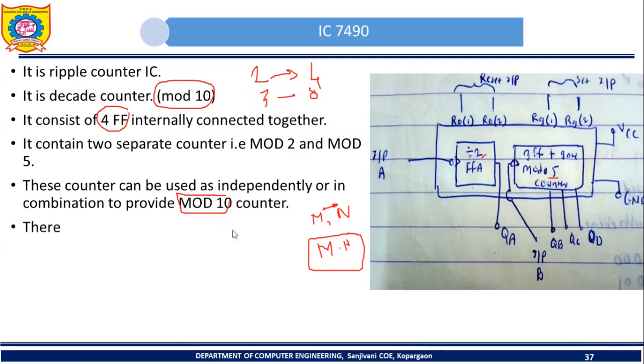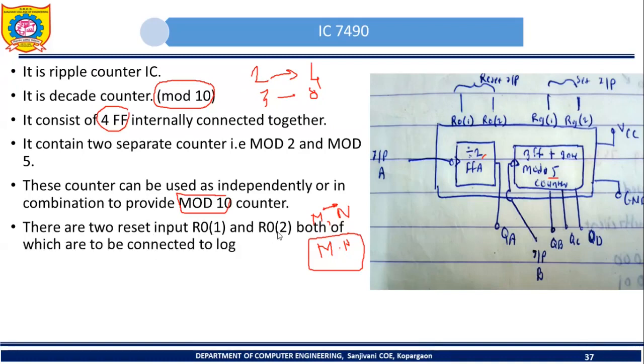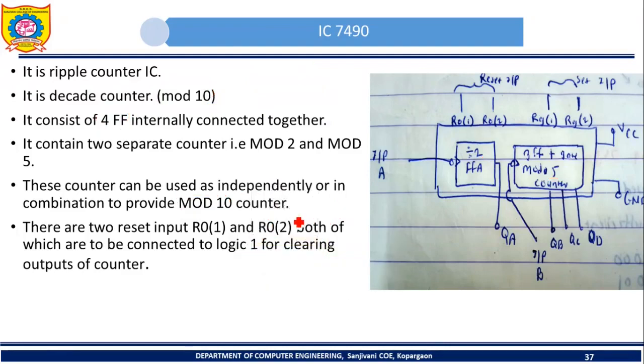Then there are two reset inputs, R01 and R02, both of which are to be connected to logic 1 for clearing the outputs of the counter. In this block diagram you can see two pins, one labeled R01 and the second labeled R02. What is the use of these two pins?